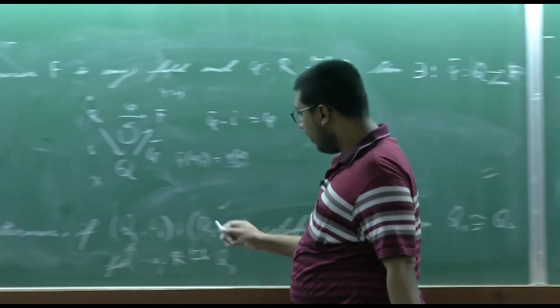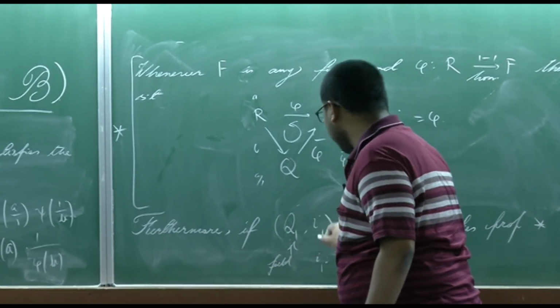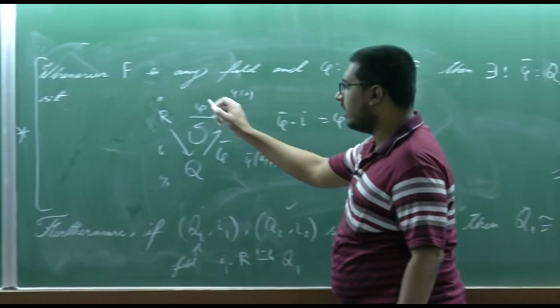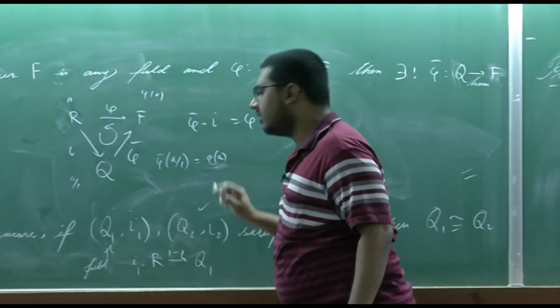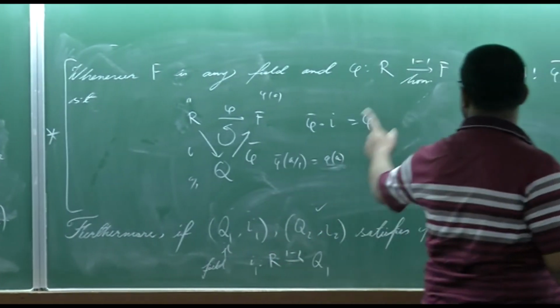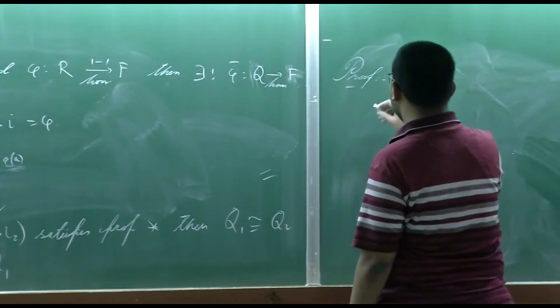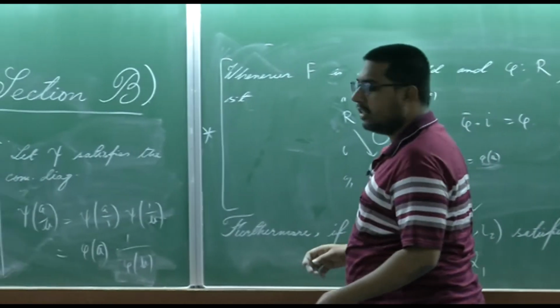So what is given to us? We are given two pairs, Q1 I1 and Q2 I2, that satisfy property star. We take Q1 I1, which satisfies the property star. What does that mean?